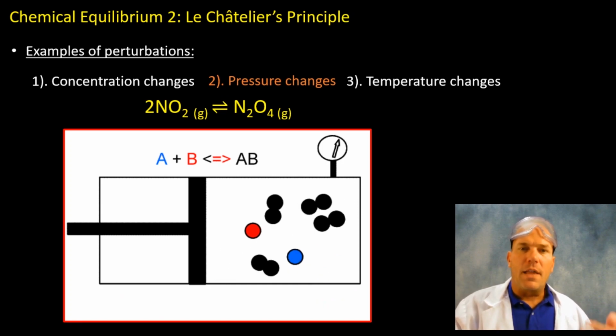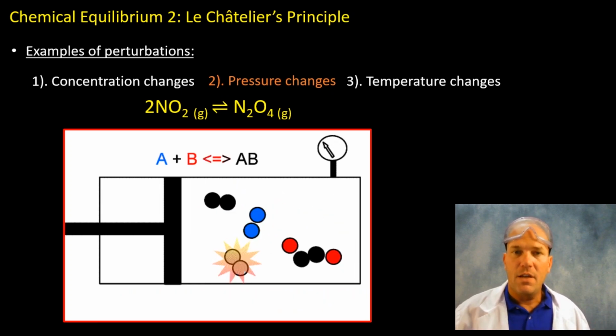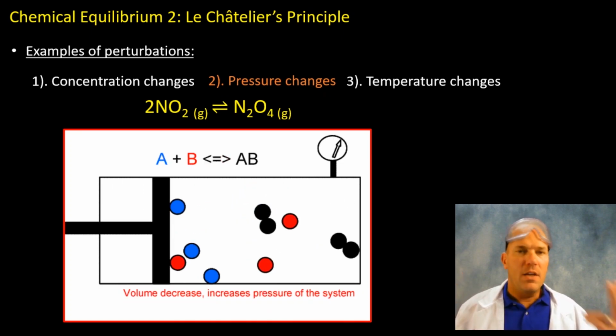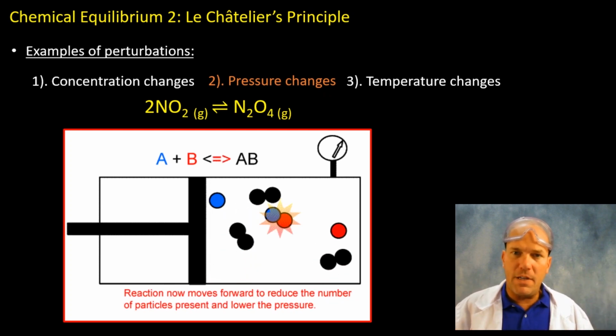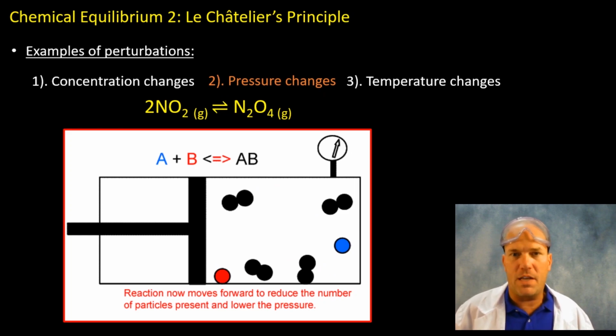Let's look. On the left side of the equation for the animation, there's 1 mole of A and 1 mole of B, and they are gaseous. That's 2 moles. On the right side, there's 1 mole of gaseous product. 2 moles on one side, 1 mole on the other, just like our example with nitrogen dioxide and dinitrogen tetroxide.